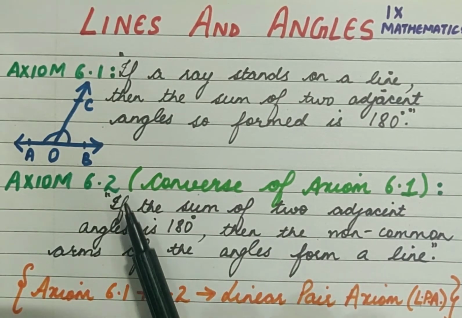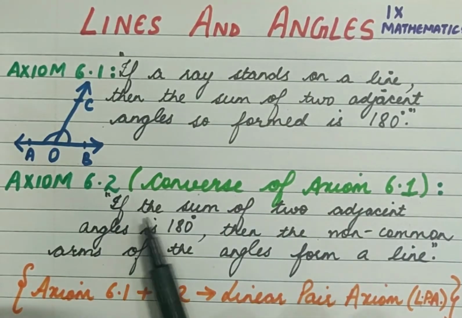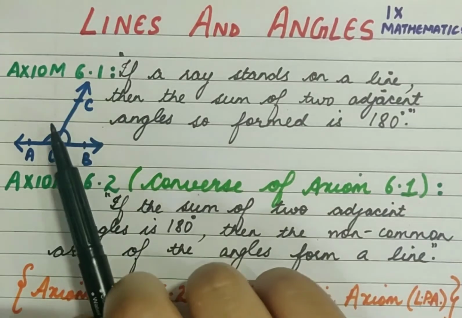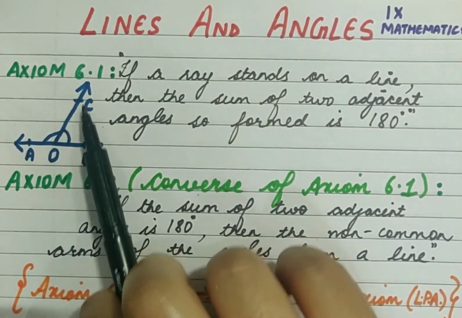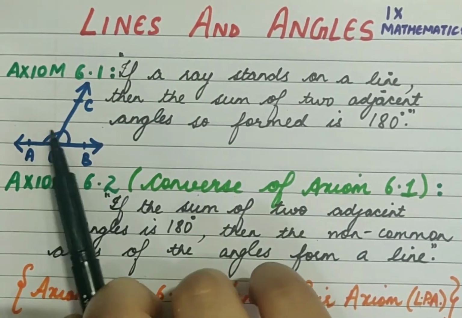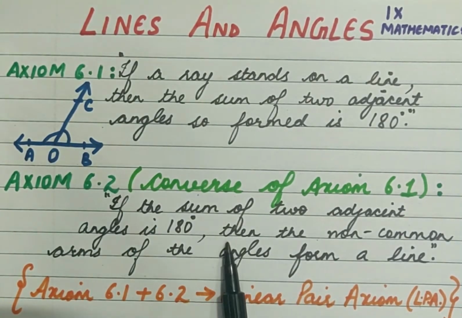What does it mean? Let's consider the same diagram. If the sum of two adjacent angles is 180 degrees, that means we are talking about angle AOC and BOC. Their sum is 180 degrees. If their sum is 180 degrees, then what will happen?